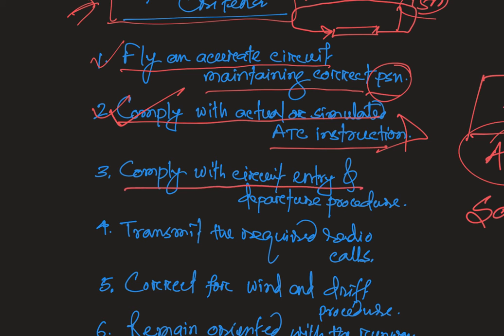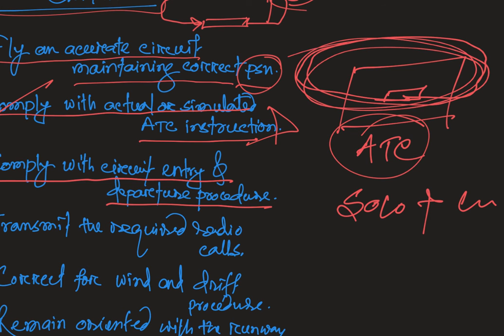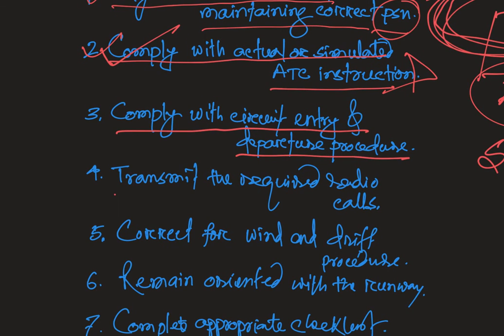Comply with circuit entry and departure procedure. That is what I was discussing, that circuit entry and departure procedure, you always need to comply with the published circuit pattern. Then transmit the required radio calls. This comes under the ATC instruction also, and whatever calls the ATC is asking you, you have to transmit.